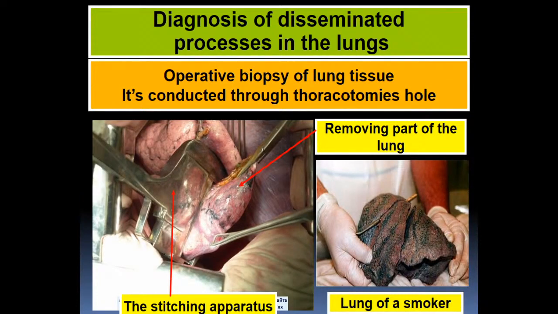Also, we use operative biopsy of lung tissue after operation, after resection of different parts of the lungs. The material investigated with histological investigation also. It's conducted through the thoracotomy hole.